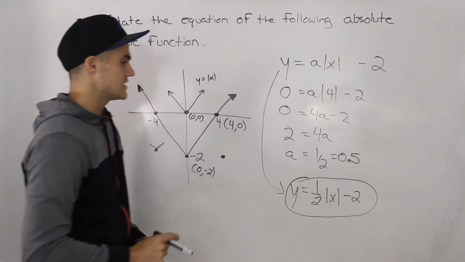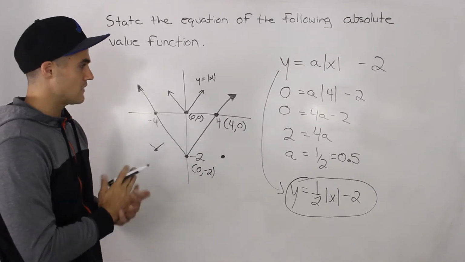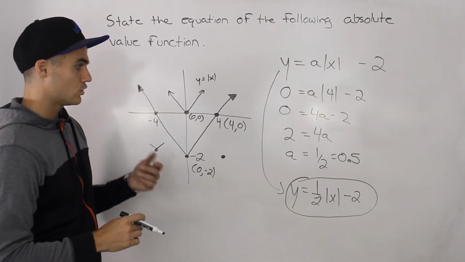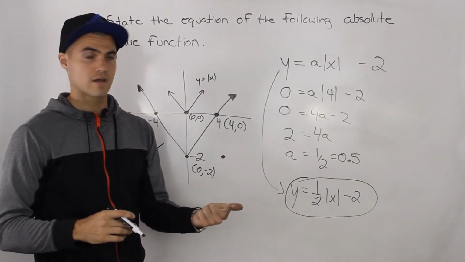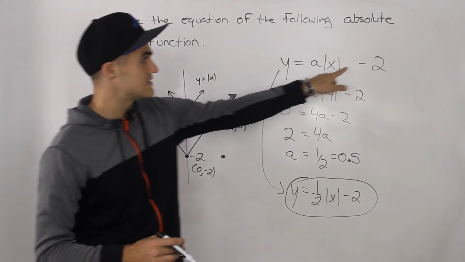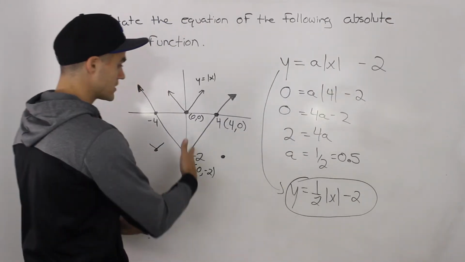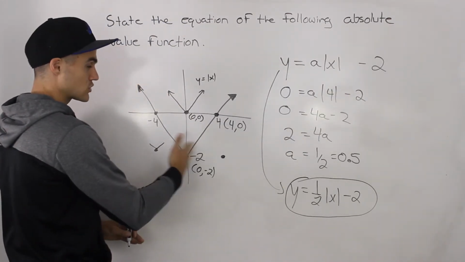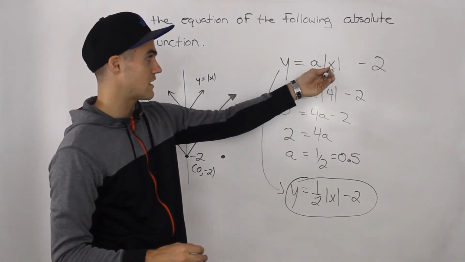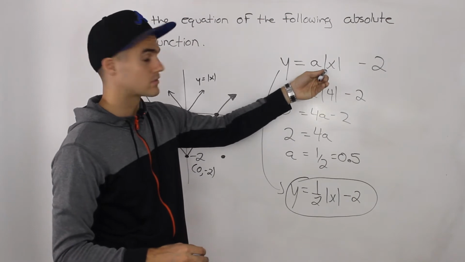All right, so when you're dealing, again, with an absolute value function that's been transformed and you have to find the equation, look for the c value and the d value. The c value in this case is translated 2 units down. C value is -2. It wasn't translated left or right, so the d value is 0, so we just leave absolute value of x by itself.